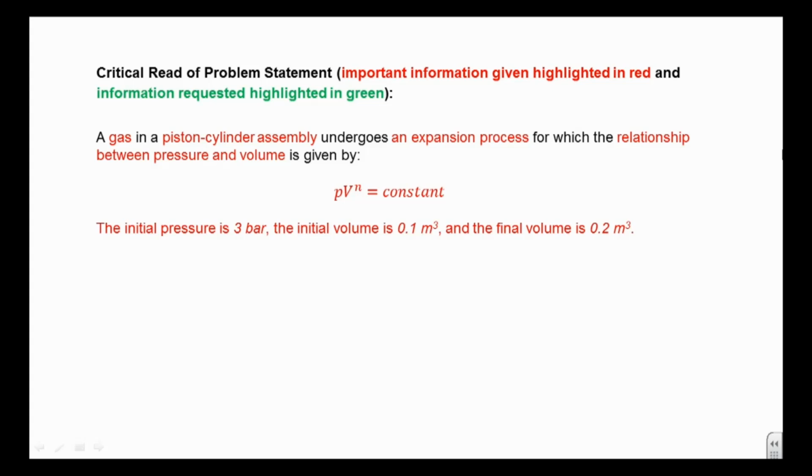The initial pressure is 3 bar, the initial volume is 0.1 cubic meter, and the final volume is 0.2 cubic meter. Determine the work for the process in kilojoules for A, n is equal to 1.5, B, n is equal to 1, and finally C, n is equal to 0.